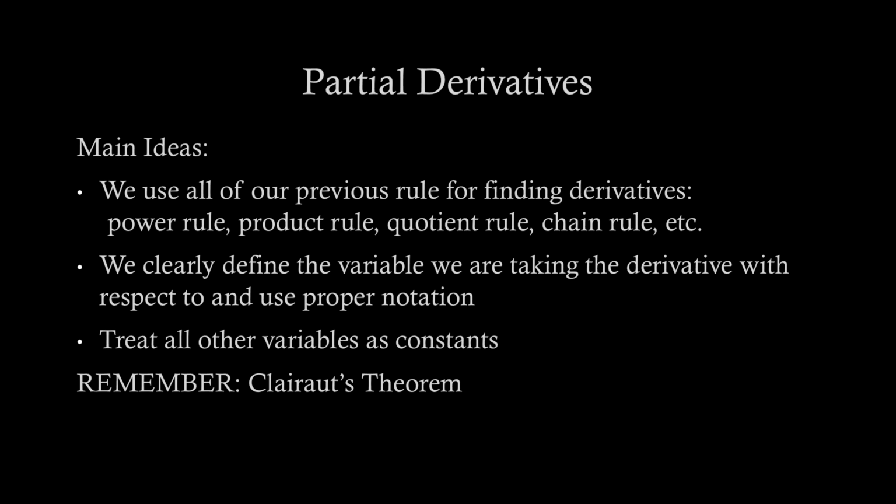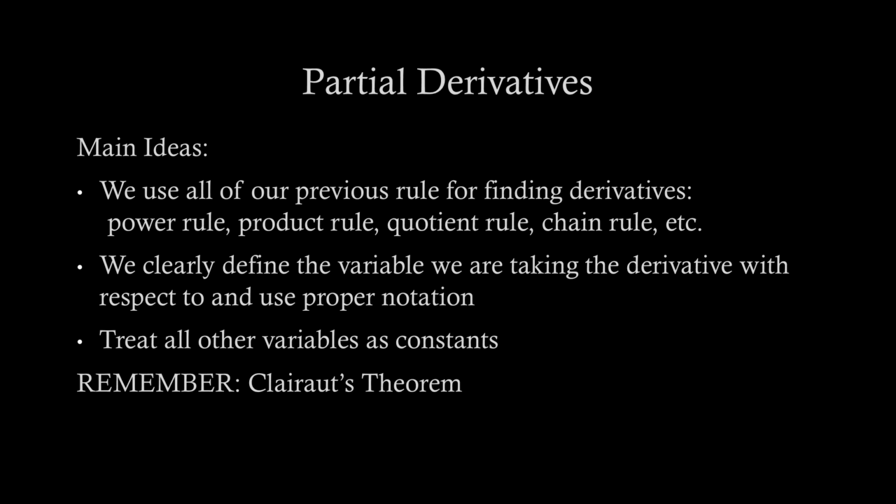And then the last thing to remember is Clairaut's theorem. Clairaut's theorem is really, really important anytime we have to take second derivatives, which, spoiler alert, is going to come up when we talk about optimization problems or finding mins and maxes. And if you remember back from Calc 2, that second derivative rule, well, yeah, there's going to be a second derivative rule here for our partial derivatives as well in our functions of two variables.